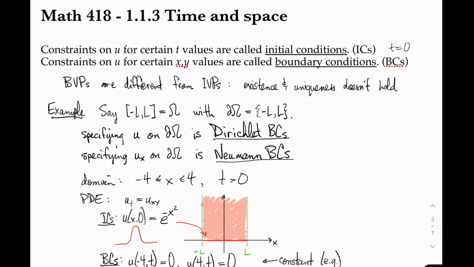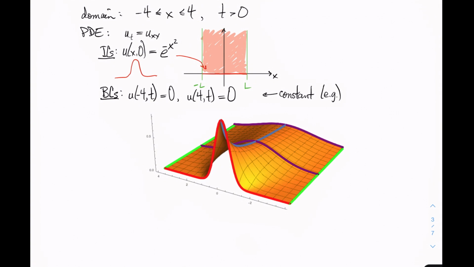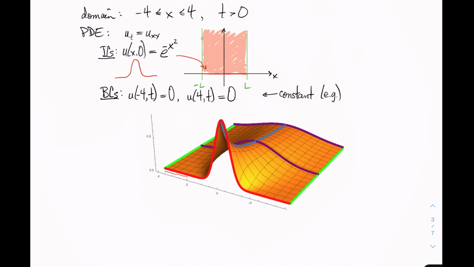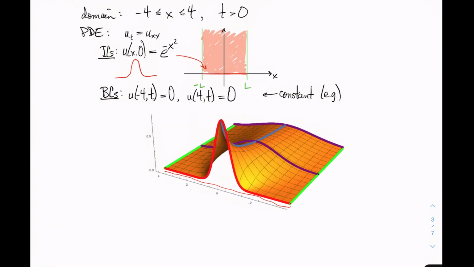And so then the resulting solution to this differential equation would have a surface that looks like this. Here you can see this is where time is equal to 0 right along the front. There's our initial condition, the red bell curve, and then at either end of the interval, so at -4, we've got this line coming up the back.